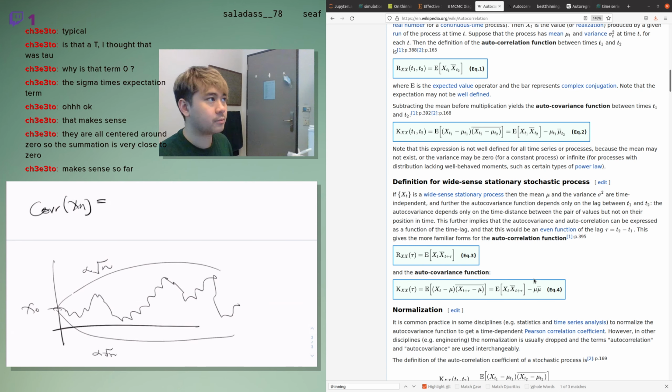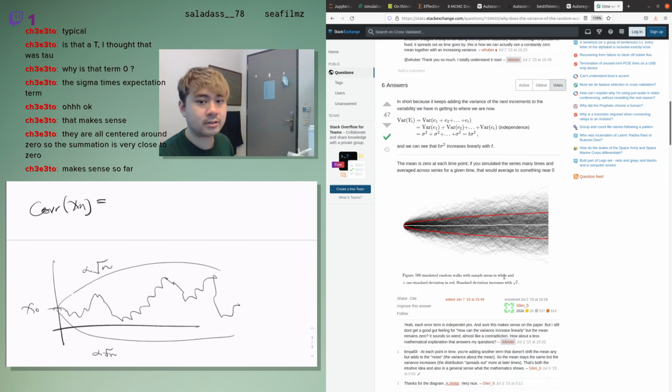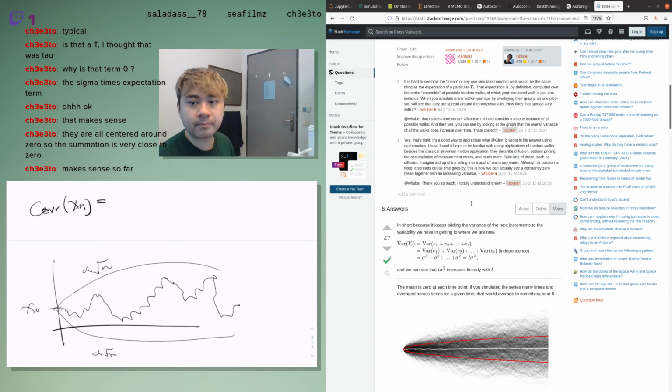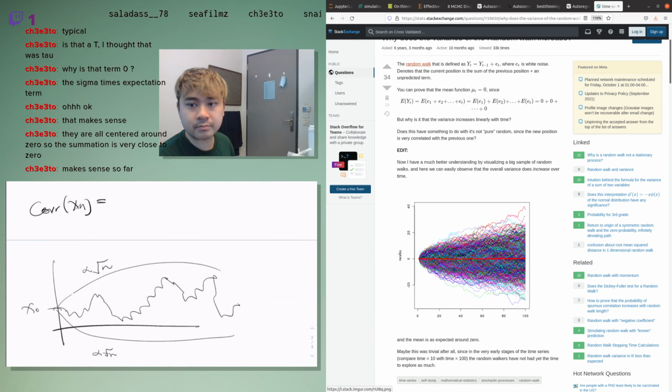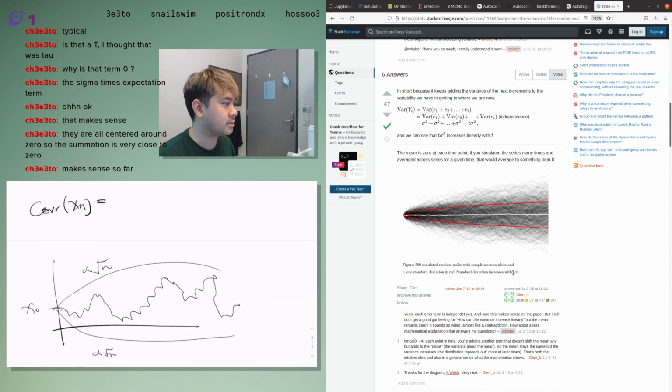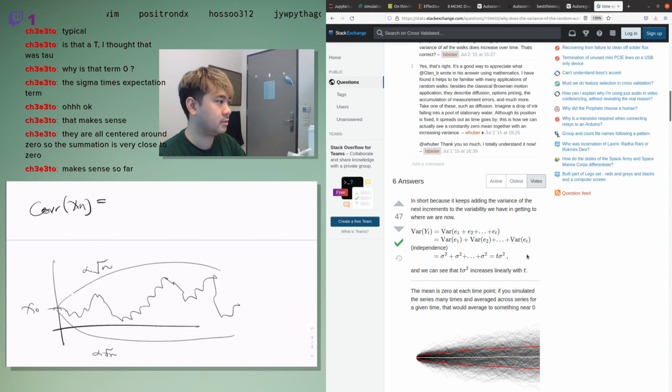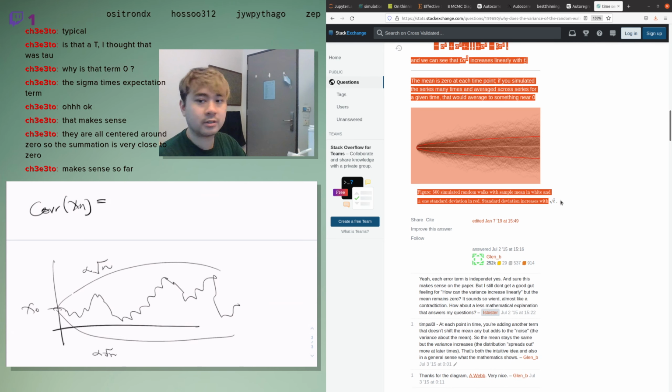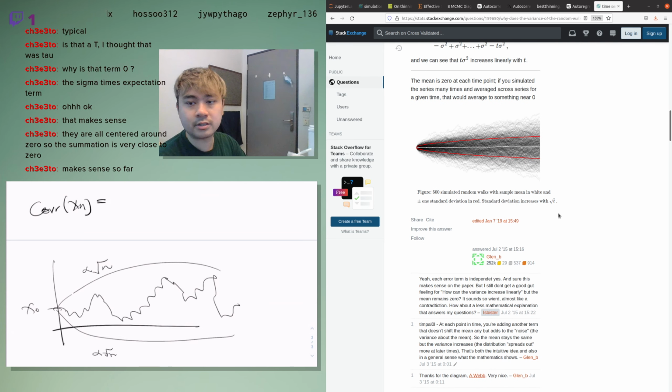Yep. So I think actually, it's this envelope here. The same thing. Yeah, so standard deviation increases with sigma t. I don't know if you can see this. It says sigma t. Alright.